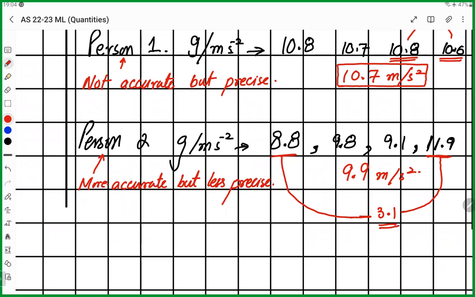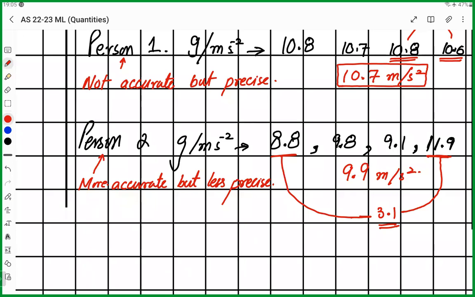Sometimes he makes a negative error of 1, sometimes he's making a positive error of 2. So he's everywhere actually. So this kind of error is producing or affecting precision.